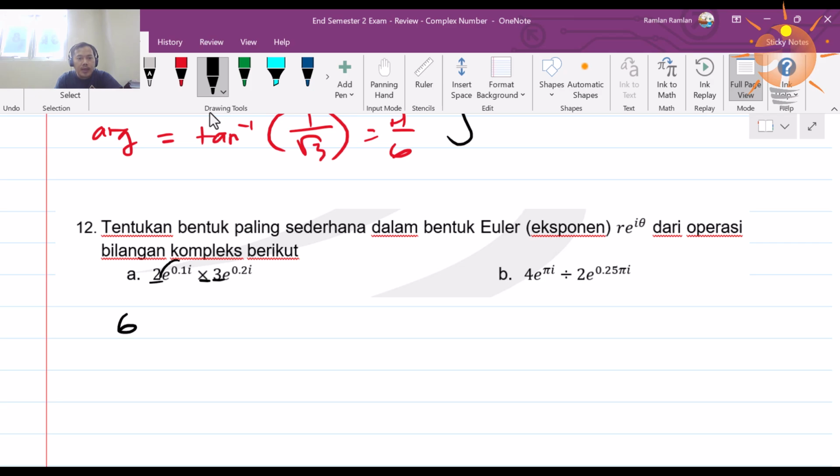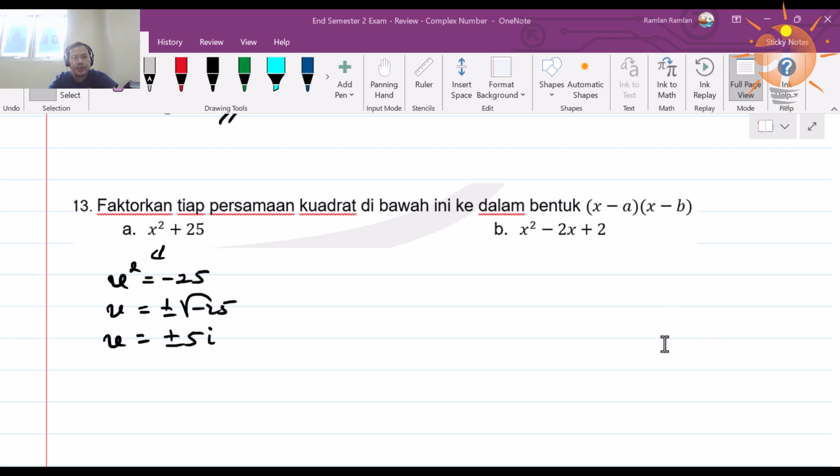And if you multiply with the same base, you only need to add the powers. So that'll be 6, and then e to the power of 0.1i plus 0.2i, which is equal to 0.3i. Pretty easy. Okay, so we can do question A and B for question 12.